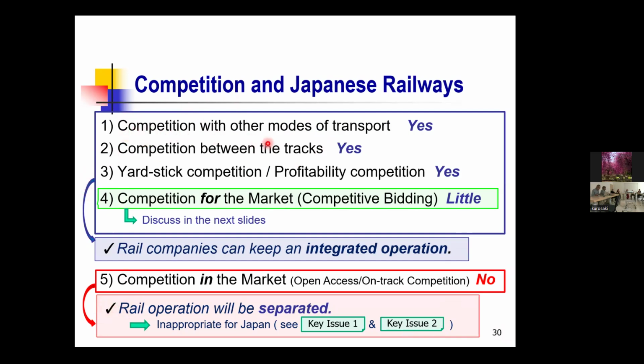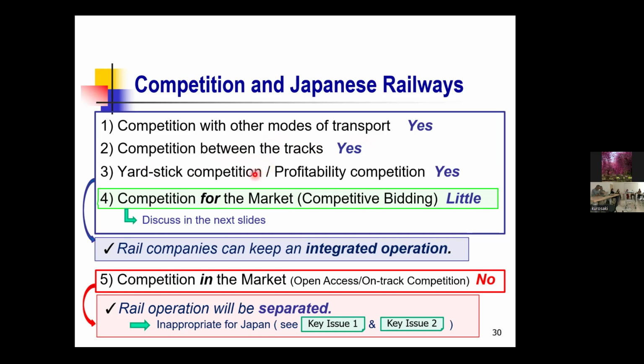Firstly, competition with other modes of transport. This is the most serious competition, and probably all countries must tackle it in order to attain environmental transport. Secondly, competition between the tracks. In Japan, on some routes, different companies provide transport services on their own tracks.